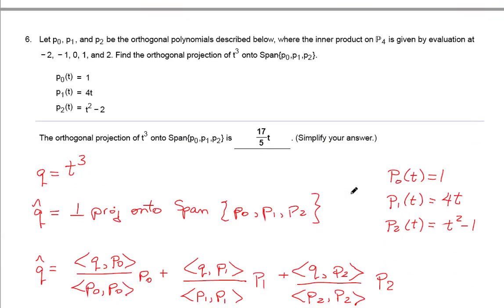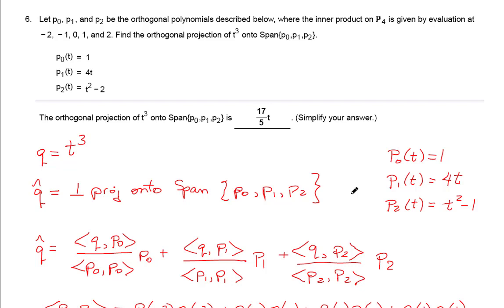All right, in question 6. So it seemed like a good idea when I assigned the problem, but it is long and tedious. So we're in P4, the polynomials of degree 4. And we're evaluating it at 1, 2, 3, 4, 5 places. All right, so we're projecting it also onto the span of 3 vectors.